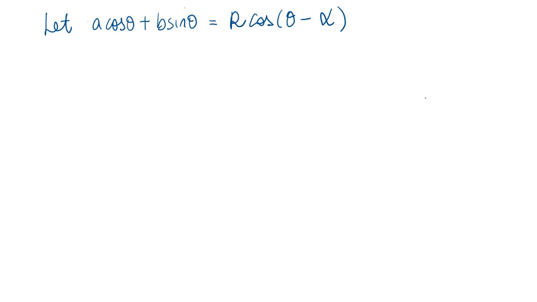Supposing I'm given equations in terms of sine theta and cos theta. For example, the earlier one that I was given is square root 3 over 2 cos theta plus half sine theta equals 0.6.